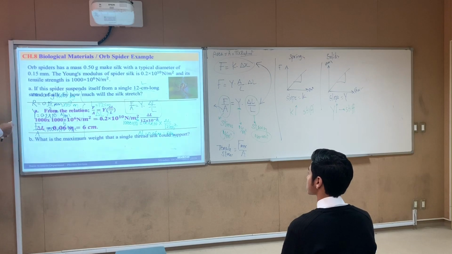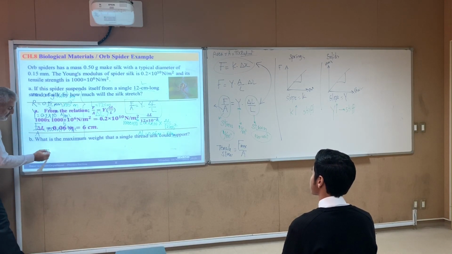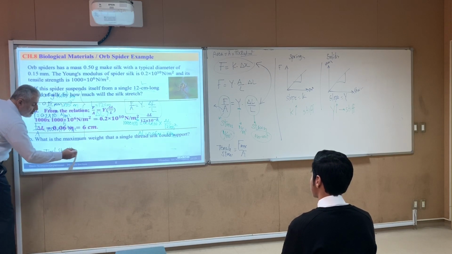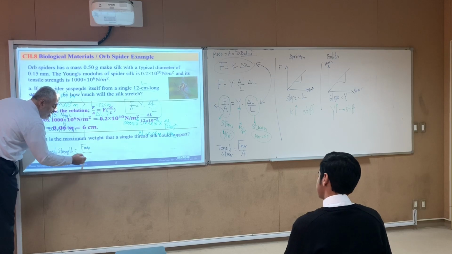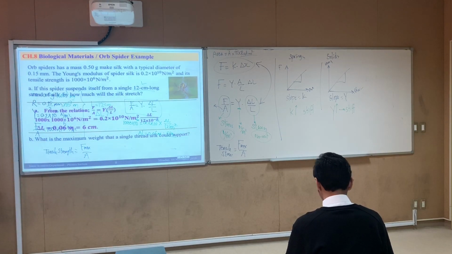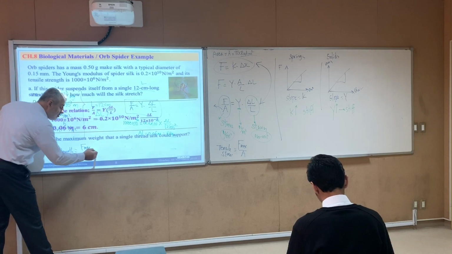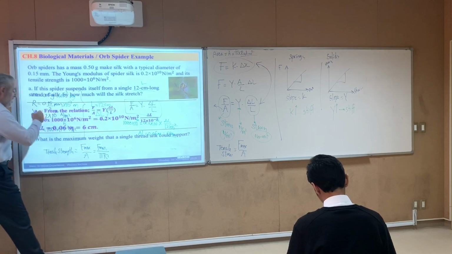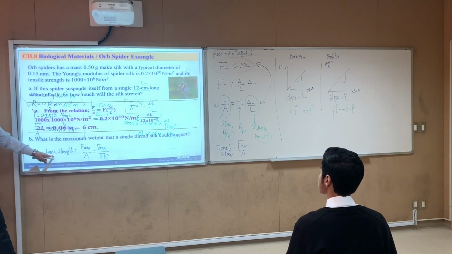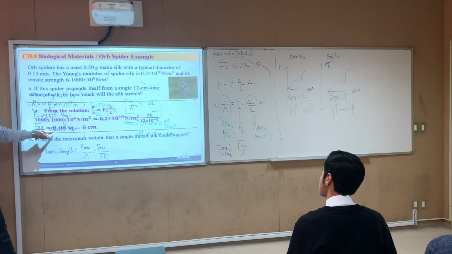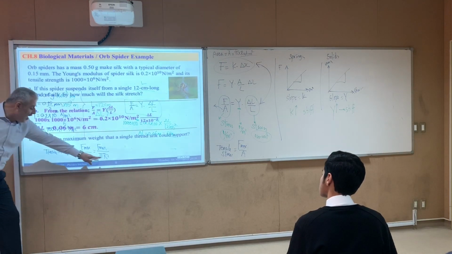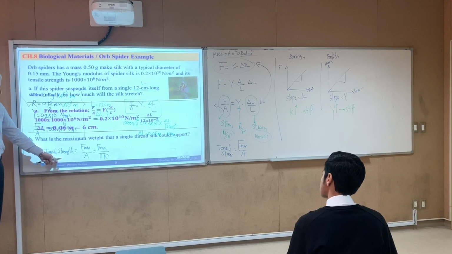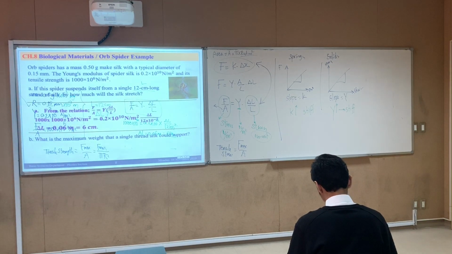The tensile strength is not given, right? Tensile strength is equal to F max over A. What do we use for F max? Gravity. A is pi R square. Don't we have R? The tensile strength is given, and with R I can find F max. Yeah, that's it. A very simple law. You write it and then you just apply it.